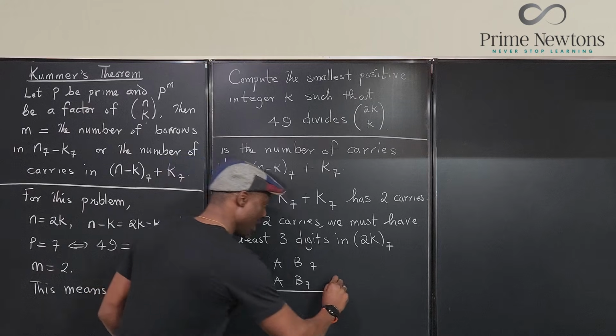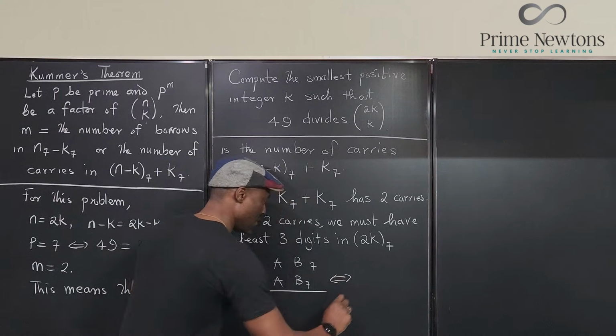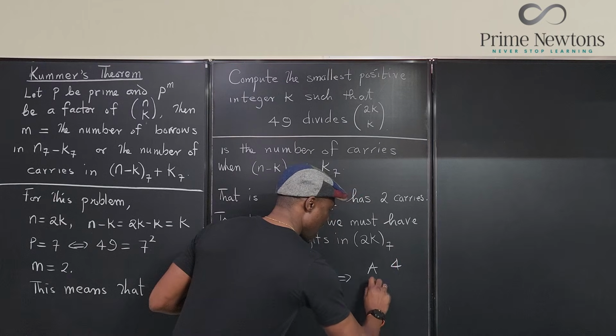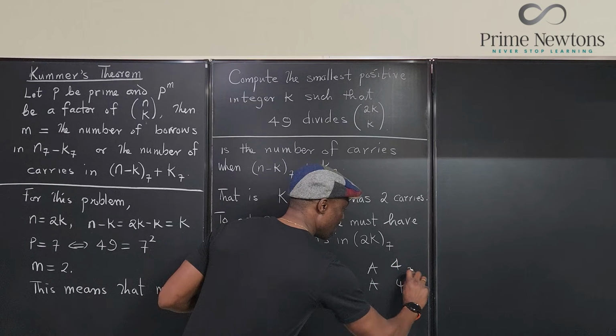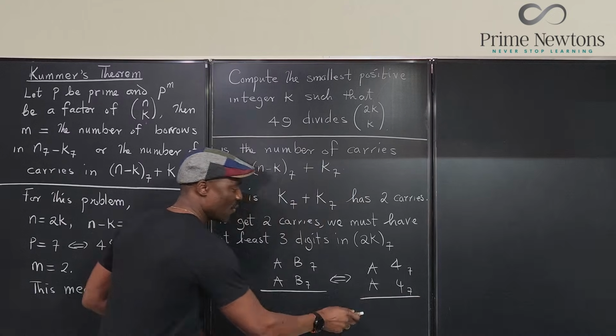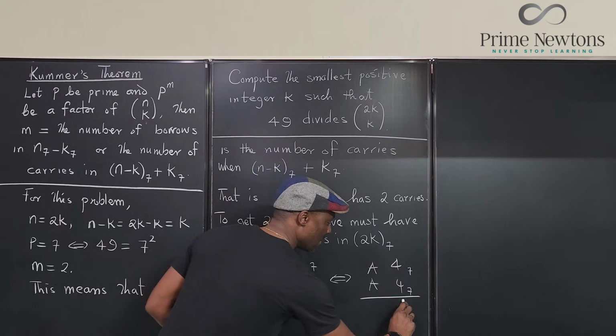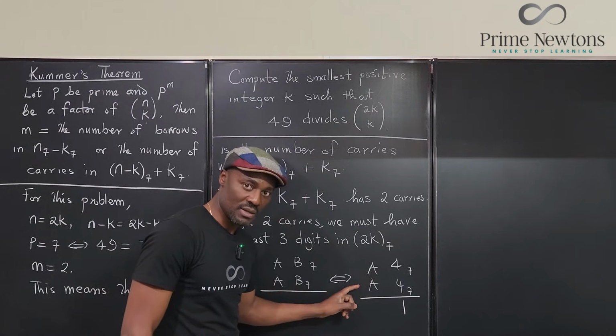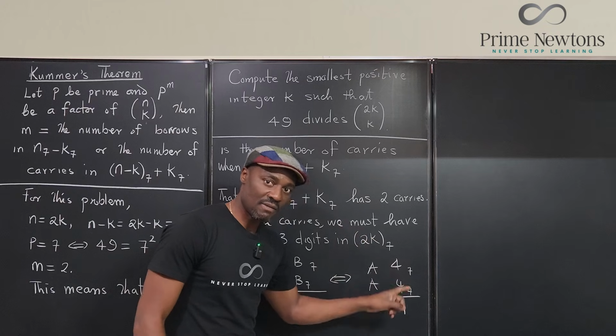So b has got to be 4. Let's say the other digit is a. We got a, 4 base 7. These are the 2 digits. When you add 4 to 4, you're going to have the number 8. But 8 is 1 base 7. You write 1 here, you carry over 1. Remember? Because there is one 7 in 8.